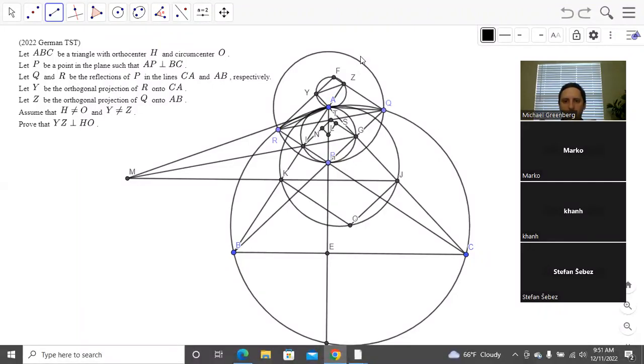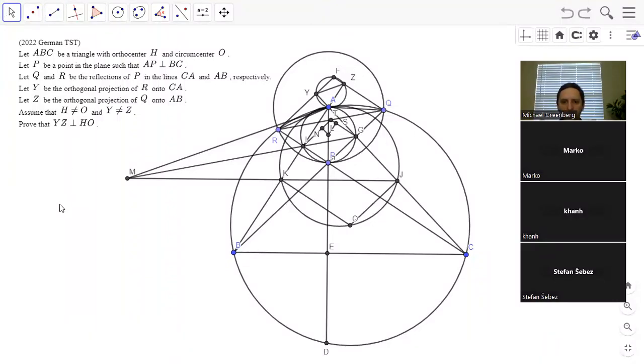You proved angle FYZ is the same as the angle between OH and AC. Interesting. Then it's done. How did you prove that, and how does that finish it?